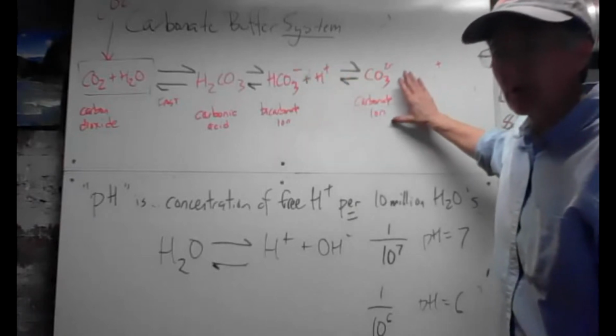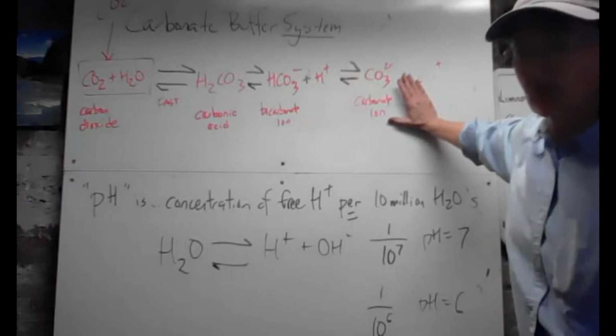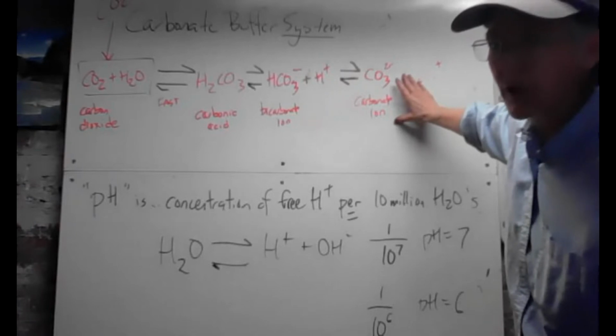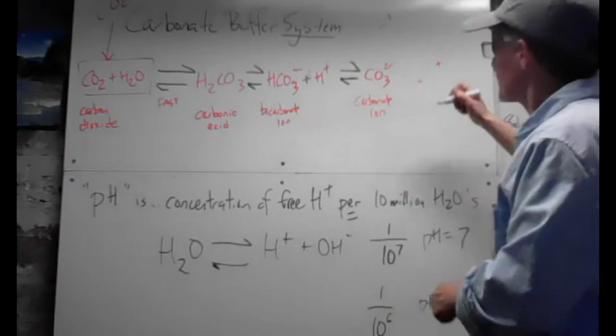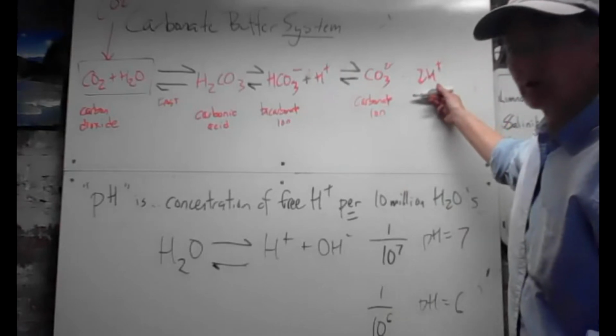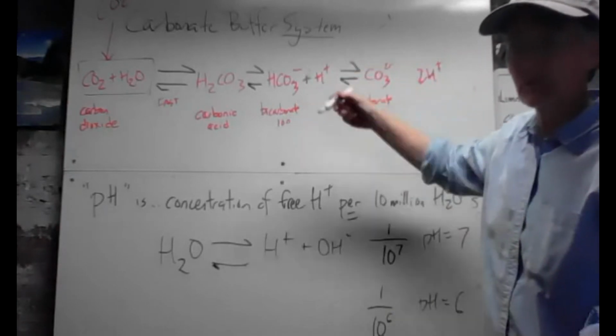So you really only get a lake with a high concentration of carbonate ions if there's not a very high concentration of protons. If there's a high concentration of protons, it's going to shift over this way.